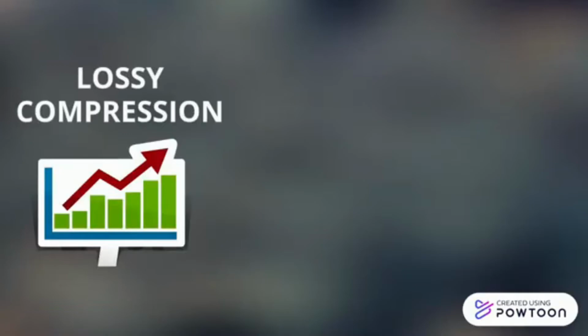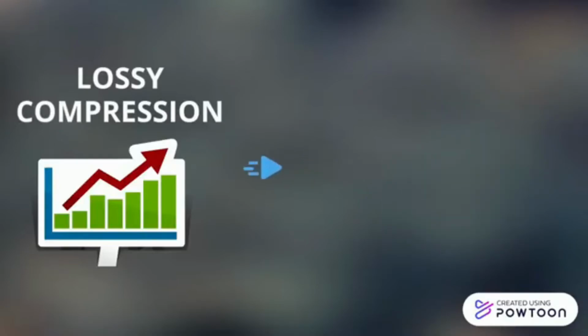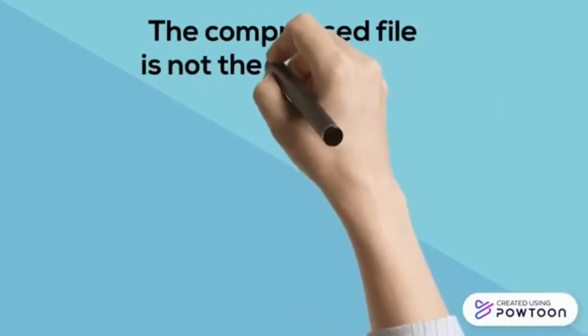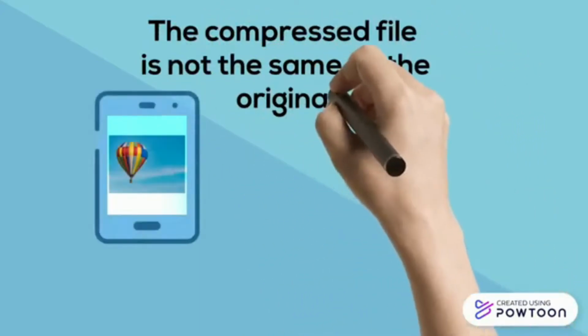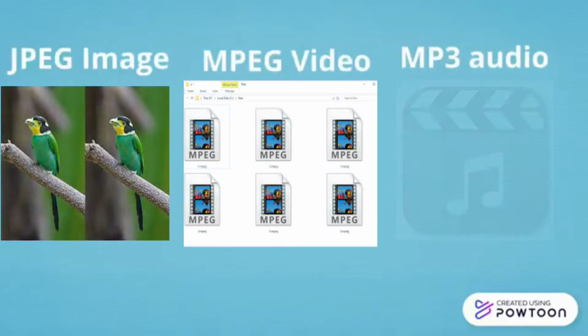Though lossy compression may compress large amounts of data, it also has the drawback of losing the original quality. So it means the complete value of the file was not preserved, or the compressed file is not the same as the original. Examples are the widely used JPEG image, MPEG video, and MP3 audio formats.